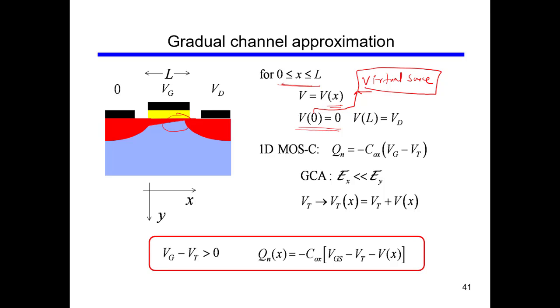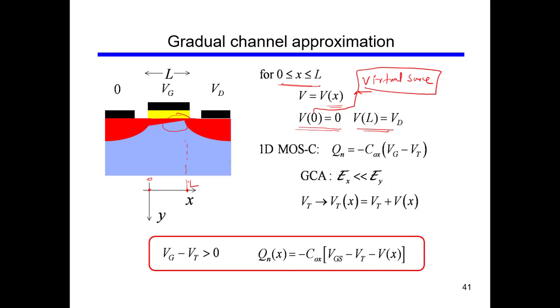Remember that this voltage is due to the drain. When x is 0 it is at the source end, and this is the point where x is L.